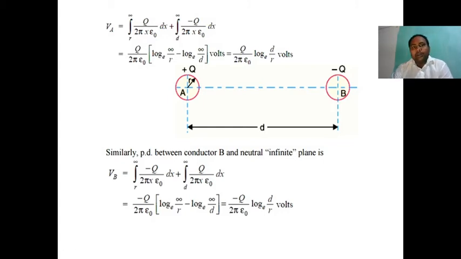That's how important it is. The difference between two points, D tending to infinity, Q by 2 pi x epsilon naught dx. You simplify the formula, we get minus Q by 2 pi epsilon naught, log base e infinity by R minus log base e infinity by D, which simplifies to minus Q by 2 pi epsilon naught log base e D by R.